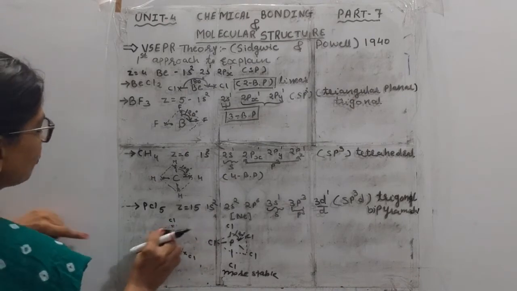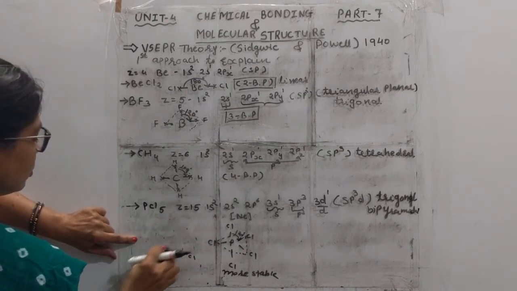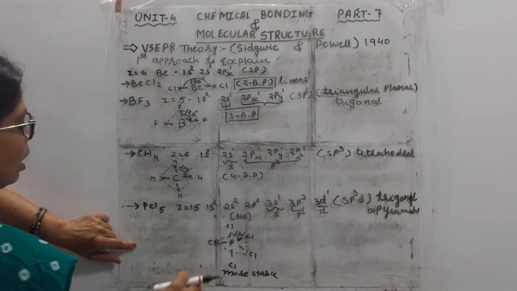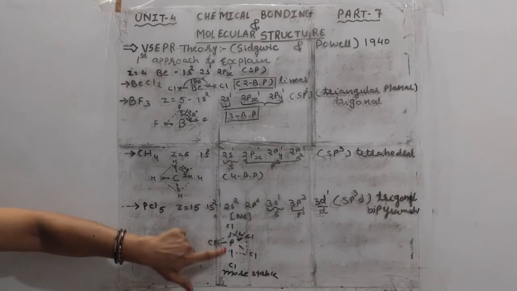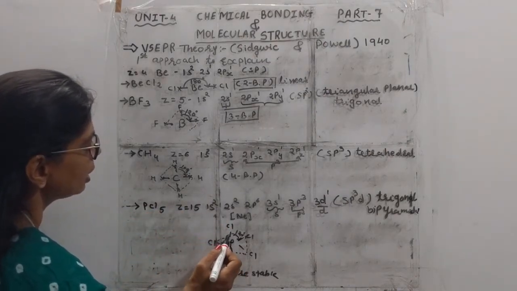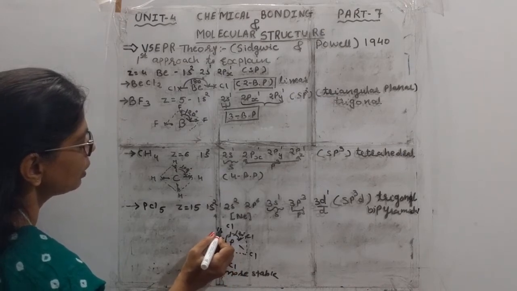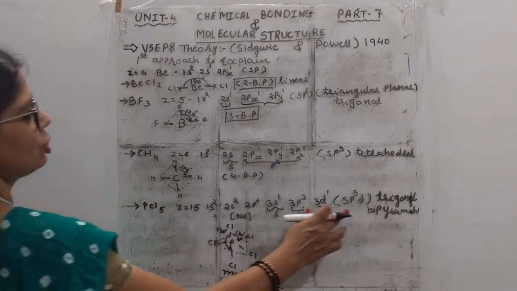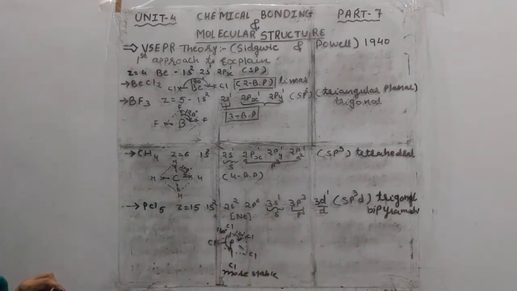So for PCl5, both the chlorines are on the axial position, so here the angle is 180 degrees, and here the maximum repulsion is there. So that's why this structure is the proper structure for PCl5, and the shape is trigonal bipyramidal.